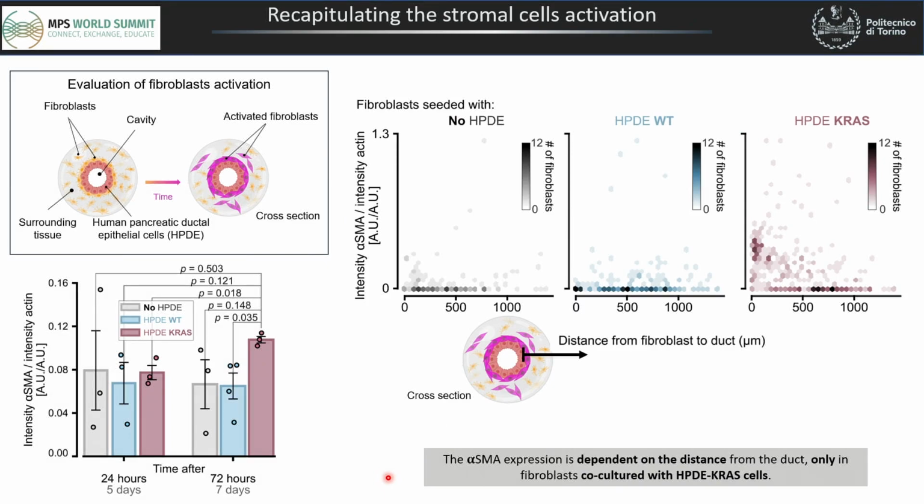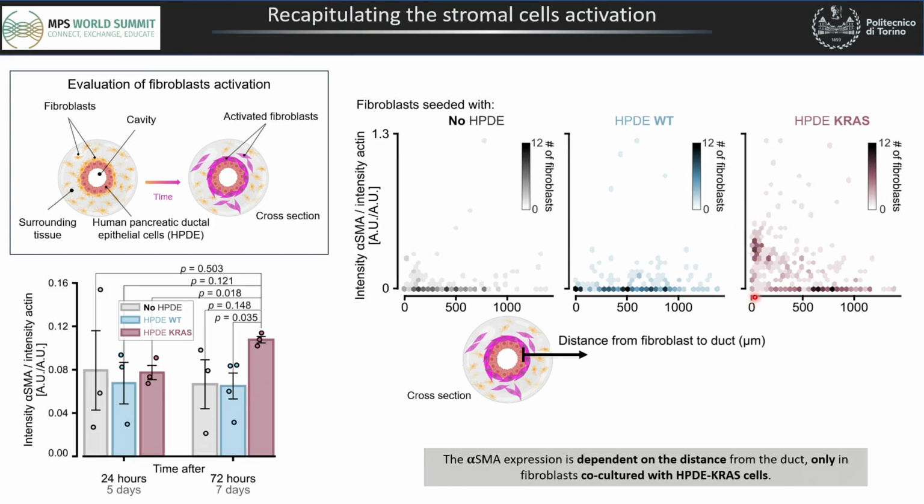We also studied the dependence of the alpha-SMA expression on the distance from the duct at the single cell level. And these graphs show the measurements indicating that fibroblasts closer to the ducts exhibit a higher expression of alpha-SMA.